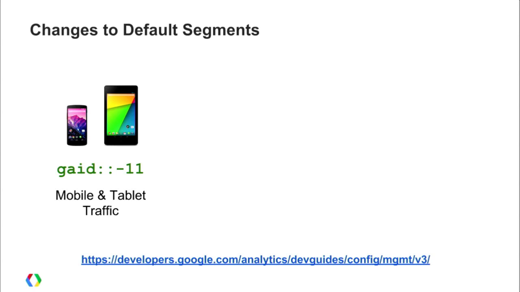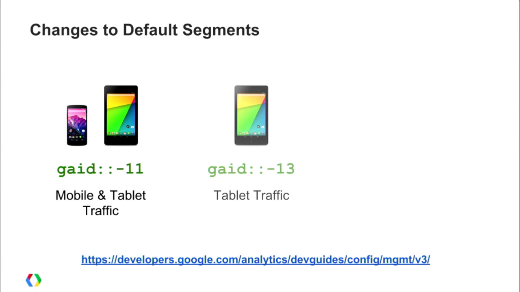We just made sure the naming is consistent. We have tablet traffic for the -13 ID. It's tablet only now, and the definition of that segment is deviceCategory equals tablet. The definition of -11 is deviceCategory equals mobile and tablet.